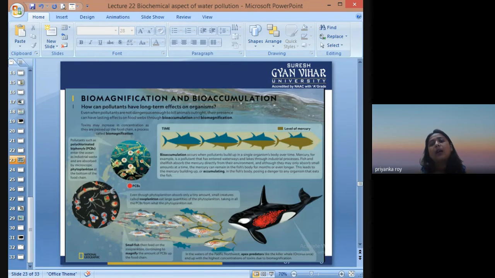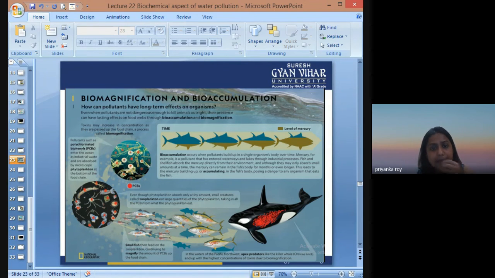Now, this is an image that shows the entire process of bioaccumulation. Pollutants have a long-term effect on organisms. Even if pollutants are not dangerous enough to kill an animal with immediate impact, their presence can have a lasting effect on the food web through bioaccumulation and biomagnification.